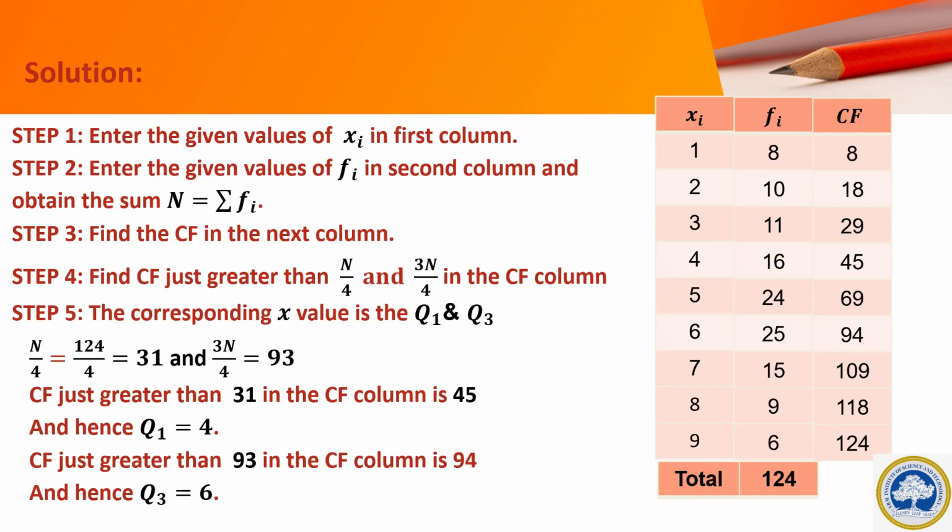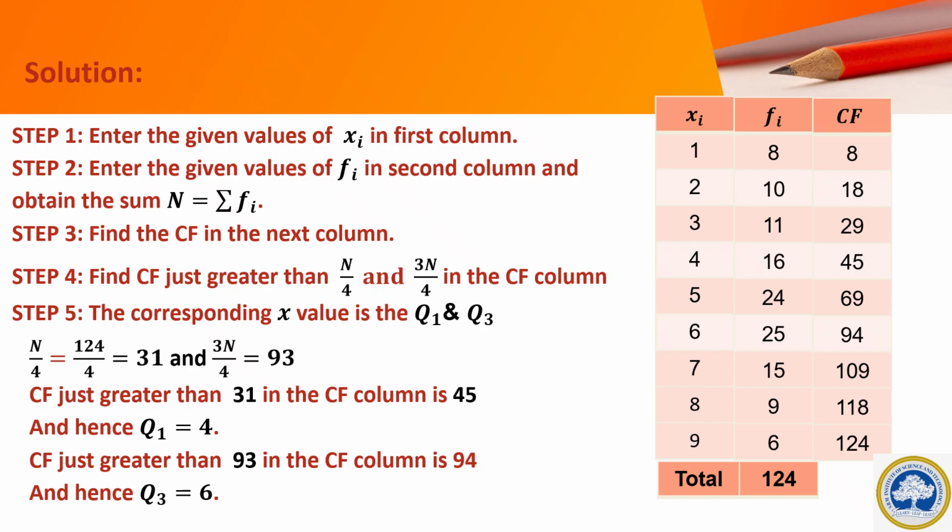Now let us work out the same example step by step. First we enter the given values of xi in the first column, then fi in the second column, and the cumulative frequency in the third column. Now we find the total frequency n. Here n is equal to 124, and now we calculate n by 4, which is equal to 31.